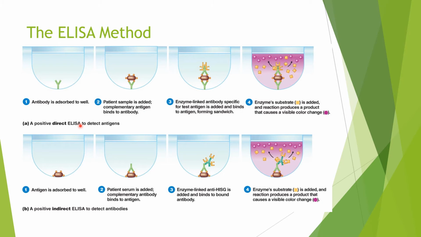Now, how is it going to confirm if you have that infection or not? Here is the well. So here's a zoomed in image of the ELISA well. What we put in the well is antibodies. Known antibodies. So we know which antibody we are adding. Again, antibodies are different.